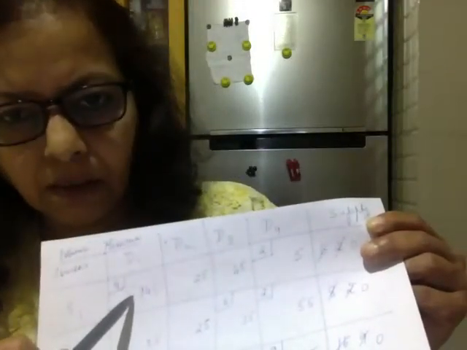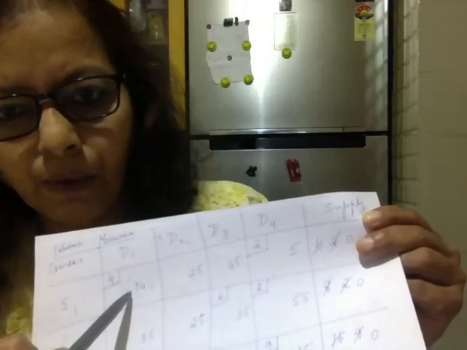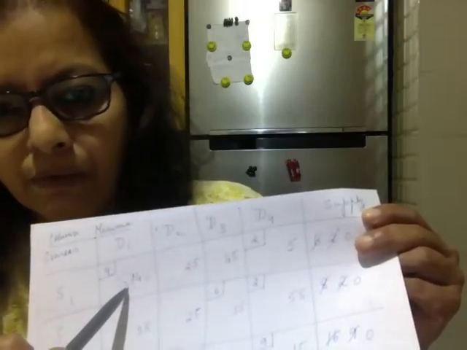Transportation cost you have already done, but we will do the test of optimality like this. You see this? What is this one? U1 plus V1. Write down, everybody. U1 plus V1 is equal to 14.